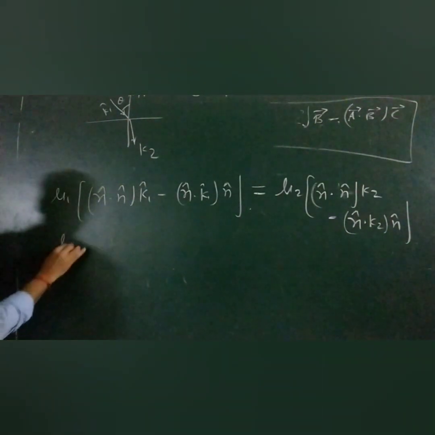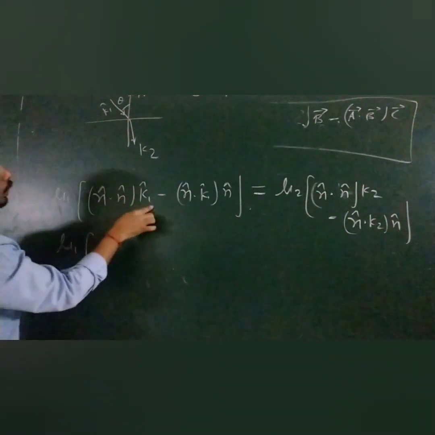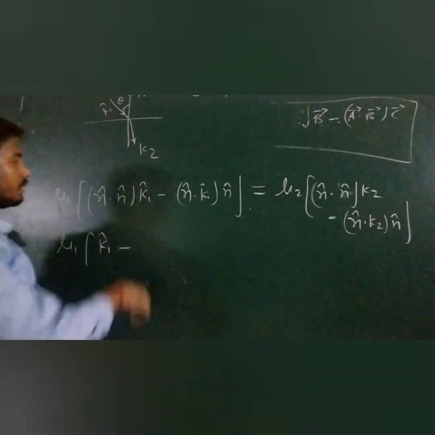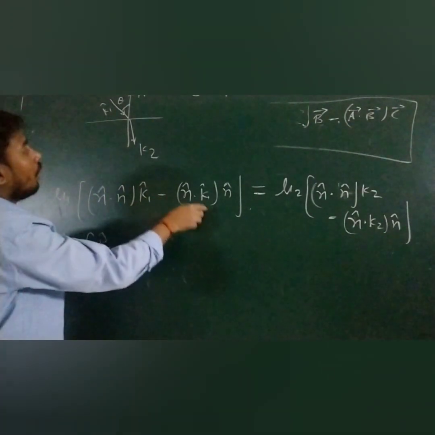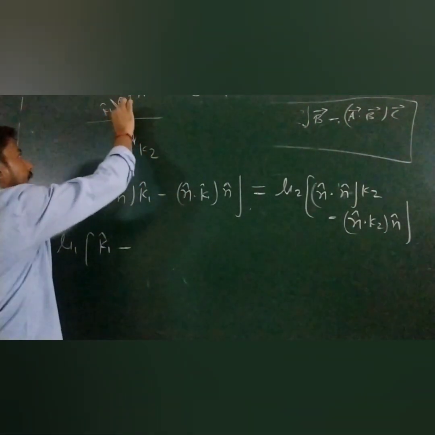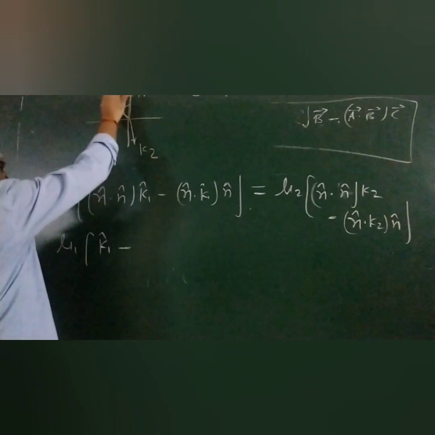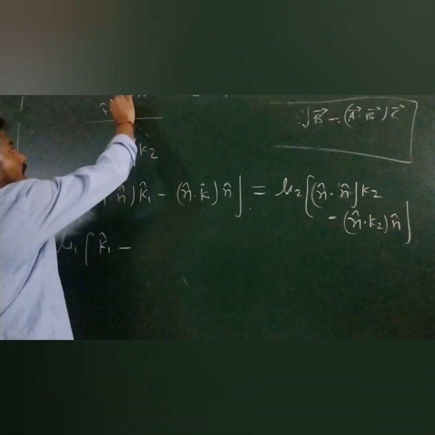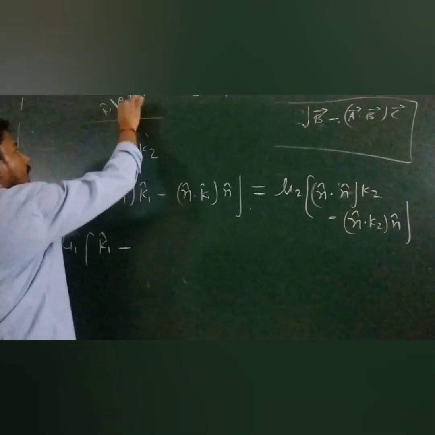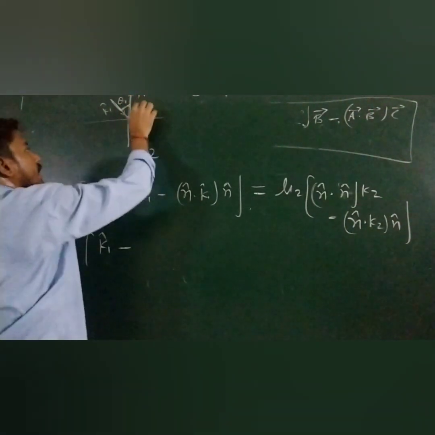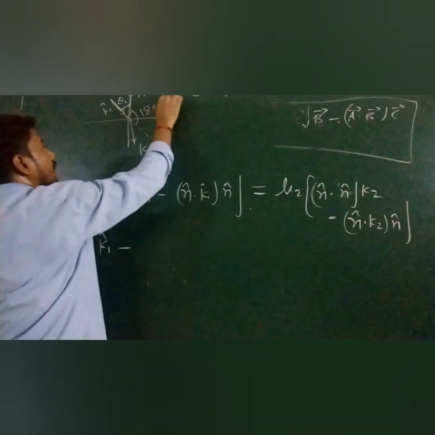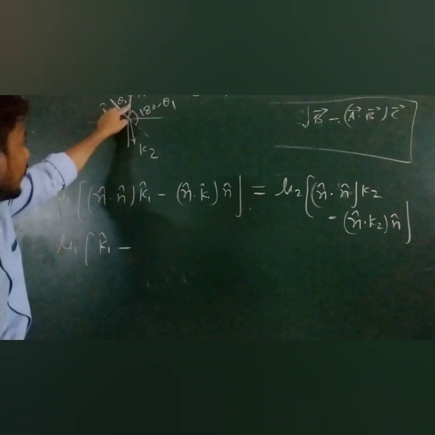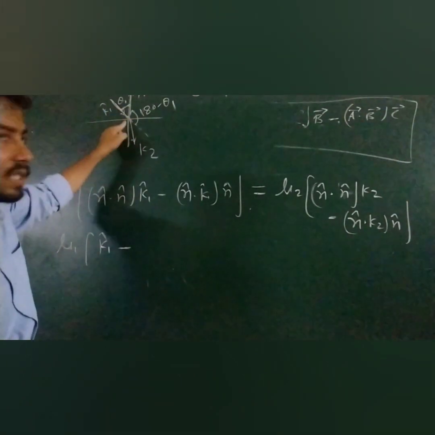So this becomes mu1 into 1 into K1 cap minus, see here, N dot K1. It means you are going to find the dot product between these two vectors. So this angle is theta 1, so this angle becomes 180 minus theta 1.